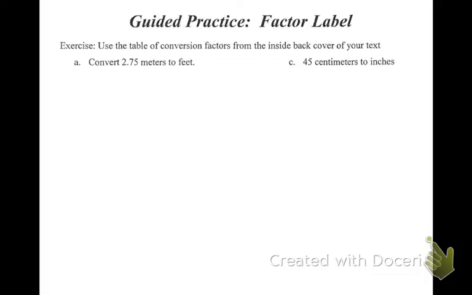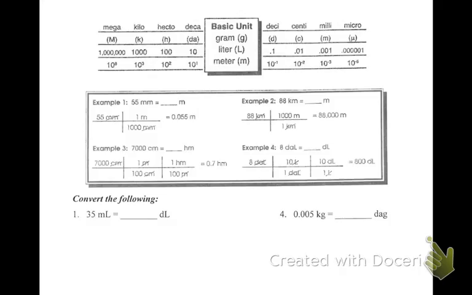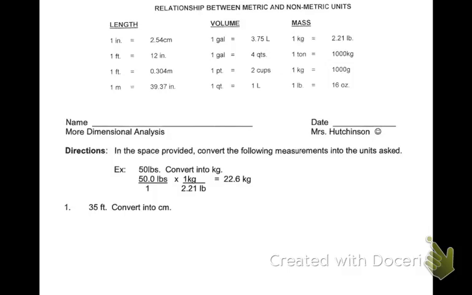So I want you to work on this worksheet, and I want you to work on your independent practice for factor label. And yes, there is a third one. And by third one, I mean the other side of this worksheet. So make sure that you do both sides of the independent practice worksheet. But there is yet another one where we're going to be dealing with more dimensional analysis.